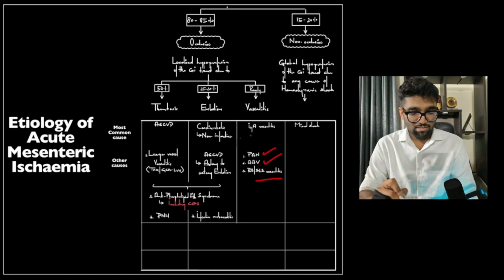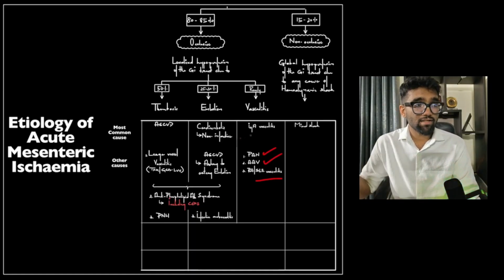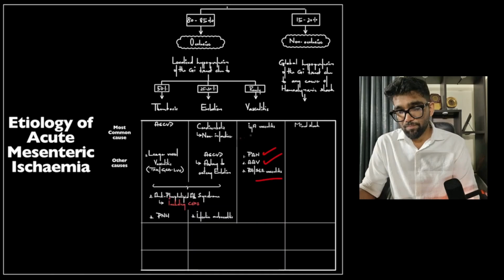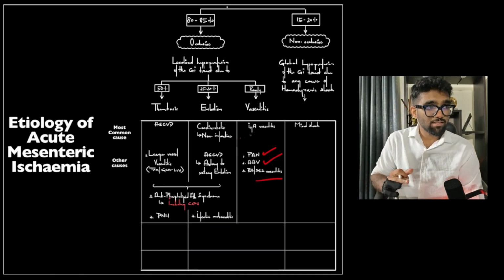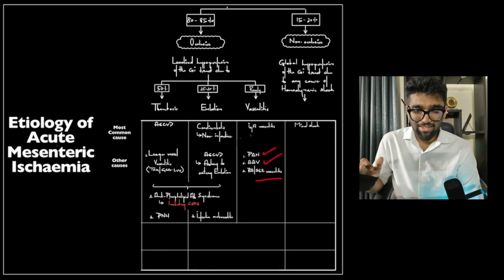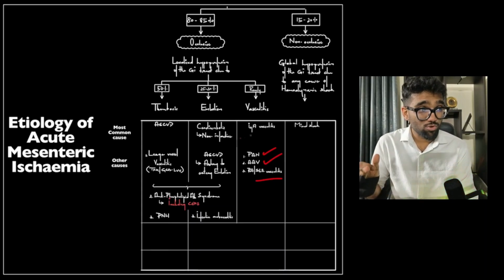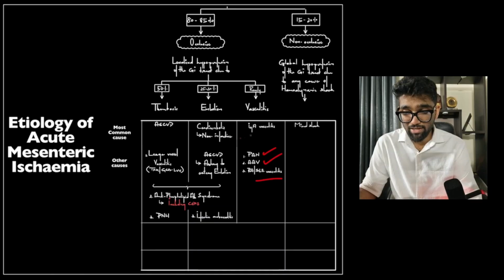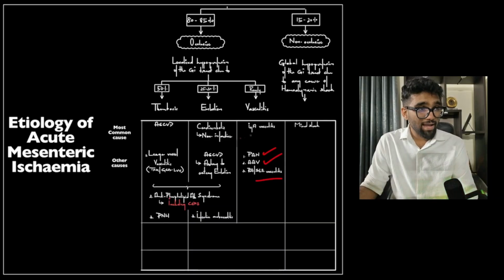Now, SLE vasculitis, as we'll discuss, is called lupus mesenteric vasculitis, and lupus mesenteric vasculitis needs differentiation from intestinal pseudo obstruction and the broad umbrella term that is lupus enteritis. So I'll be getting into the details of that when we discuss lupus. But as of now, PAN and ANCA-associated vasculitis are your main differentials in addition to IgA vasculitis.